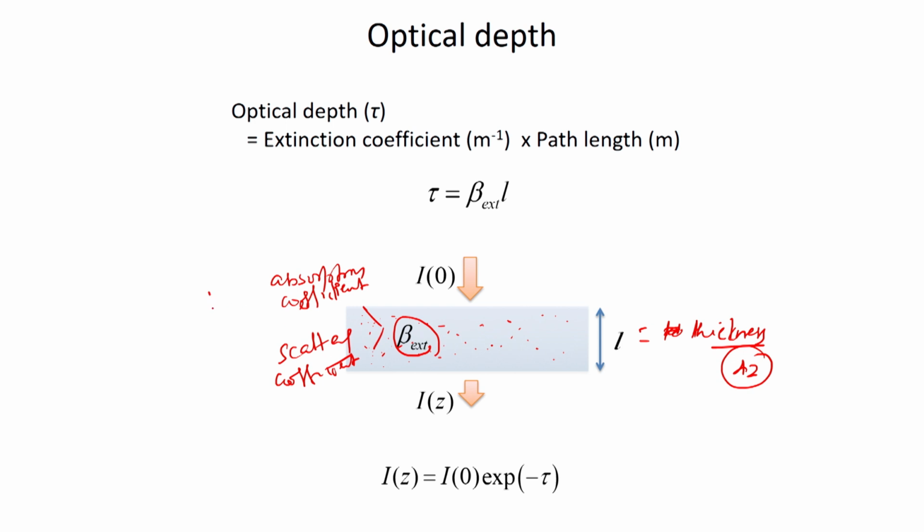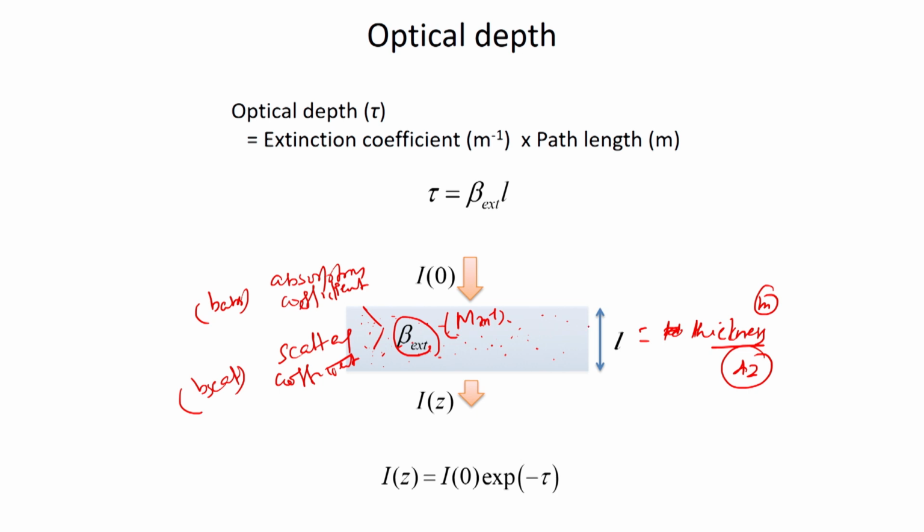So basically beta absorption and beta scat. Beta extinction has a unit of 10 to the power minus 6 meter inverse, and the thickness has a unit of meter.